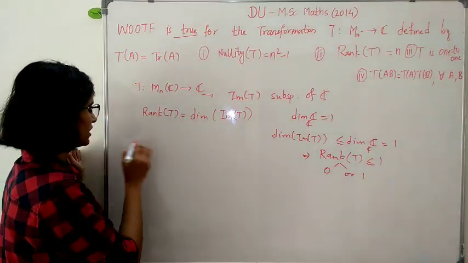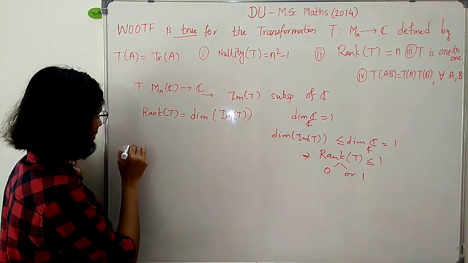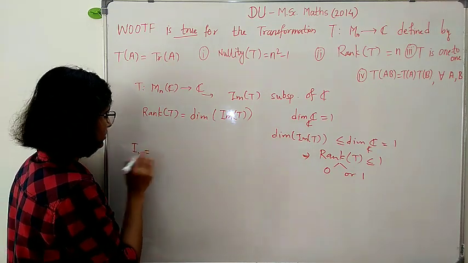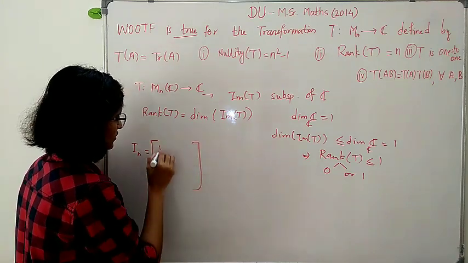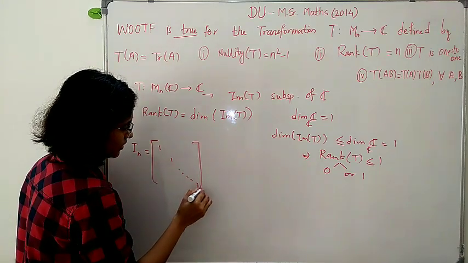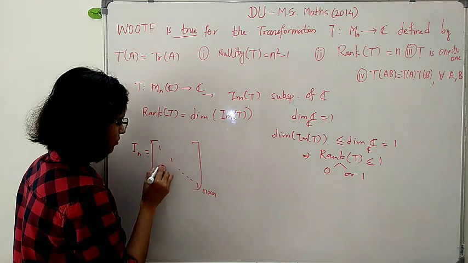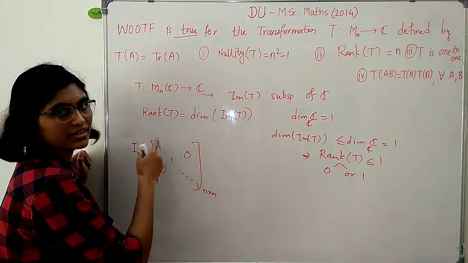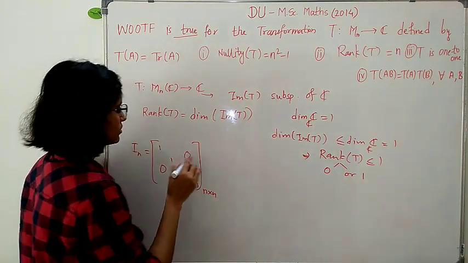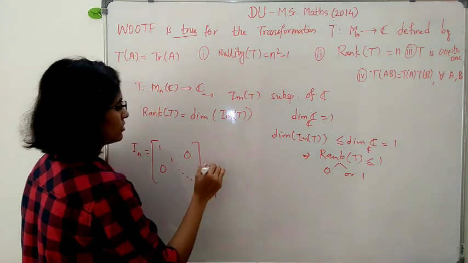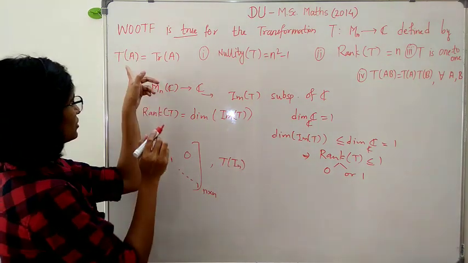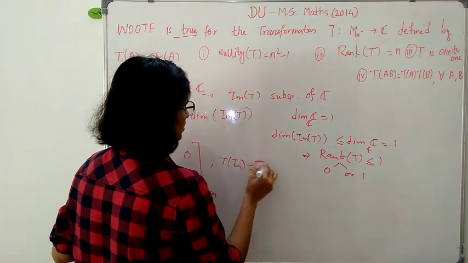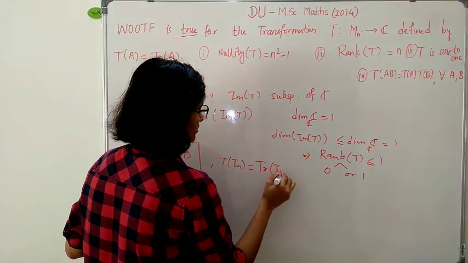So let us take some matrix. Say I will take this I_n, the identity matrix of size n by n. So this is just 1, 1 and so on up to 1, an n by n matrix, and all the other entries are 0. Clearly these are complex numbers. Under T, what is the image of this? T of I_n is just the trace of this matrix I_n.